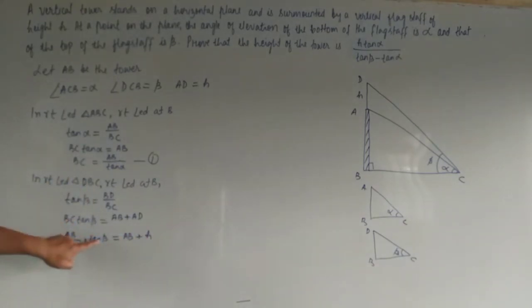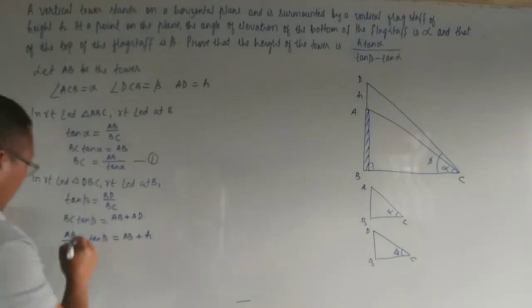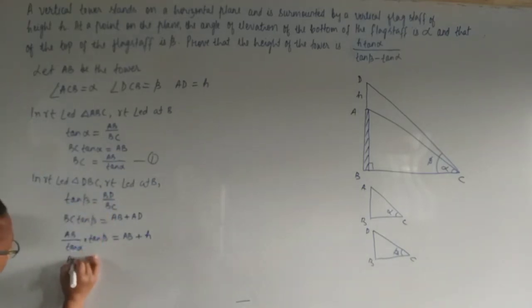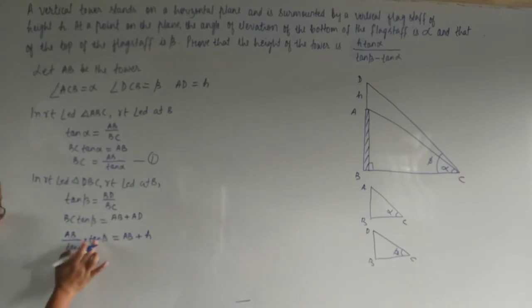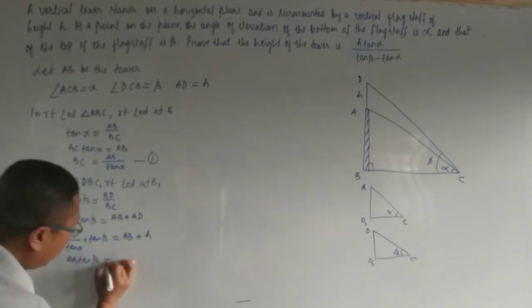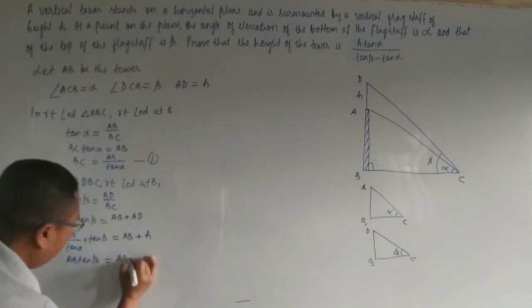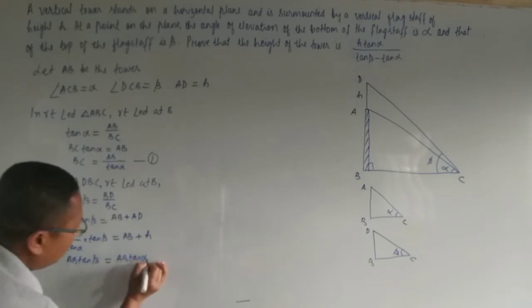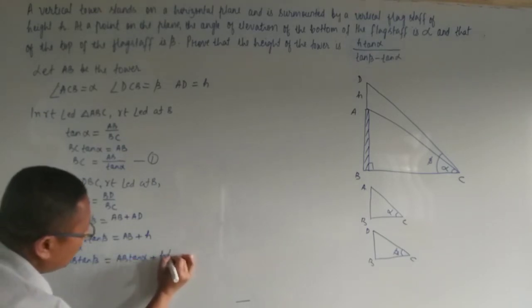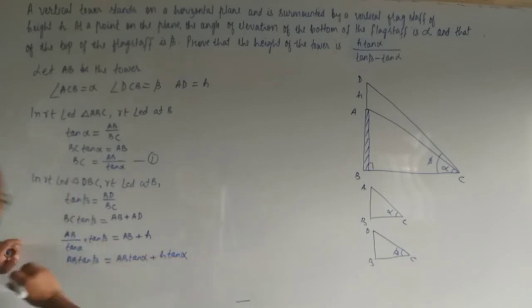Now AB tan beta, and the denominator tan alpha, when you multiply it to the right hand side, it will become AB tan alpha plus h tan alpha.